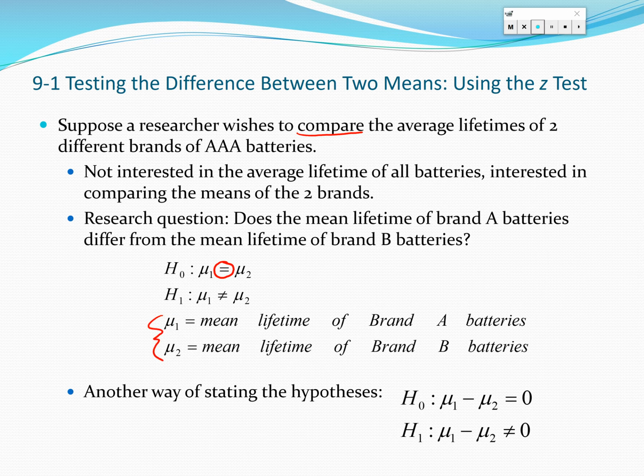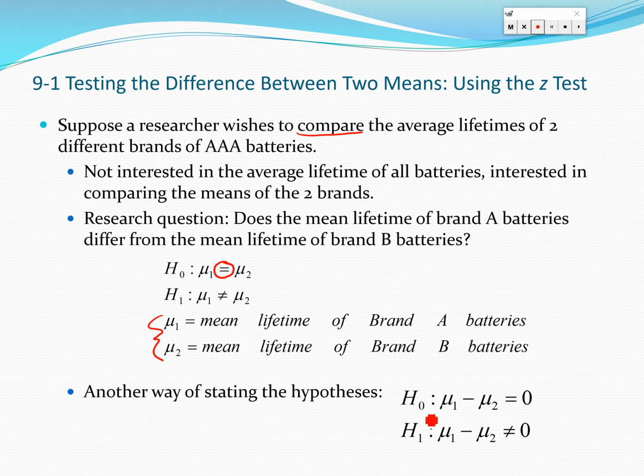So in this case, mu1 is brand A and mu2 is brand B. When you write your hypotheses, you have to make sure you specify, like I did up here, which population your mu1 and mu2 are coming from. Otherwise, I won't be sure if you're making the right comparison when you write the rest of your hypotheses with your symbols.